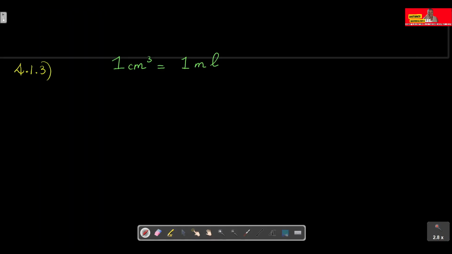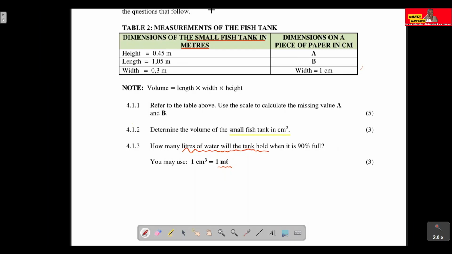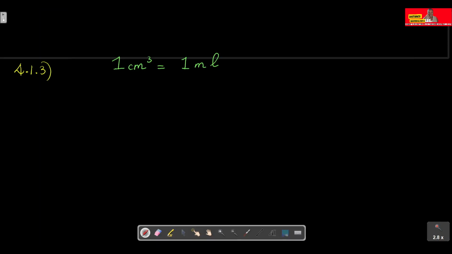So we're going to start off with the value that we've got. Remember, we found that this tank has a volume of 141,750 centimeters cubed.